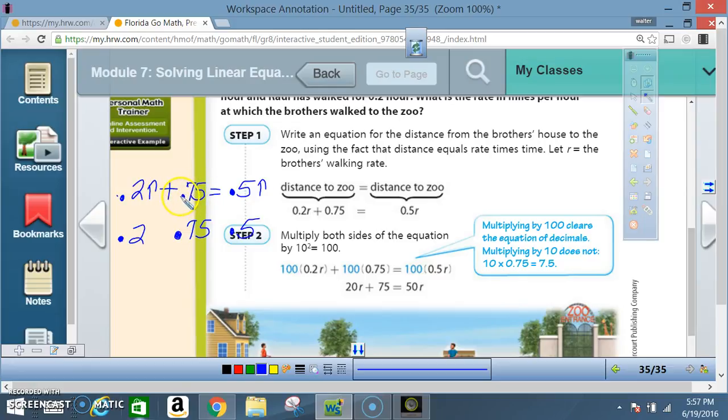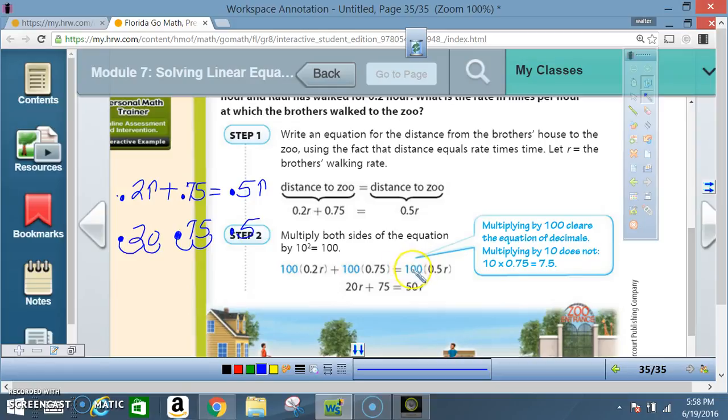You have to move the 75 two places, so that's like multiplying by 100. So now we're going to multiply everything in the equation by 100. 100 times 0.2 times R, plus 100 times 0.75, equals 100 times 0.5 times R. Multiplying 0.2 times 100, we move the decimal two places and end up with 20. 100 times 0.75, two places, ends up being 75.